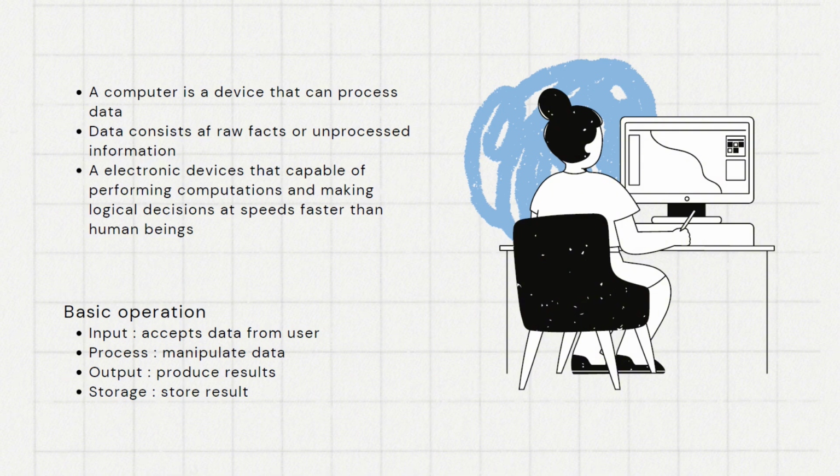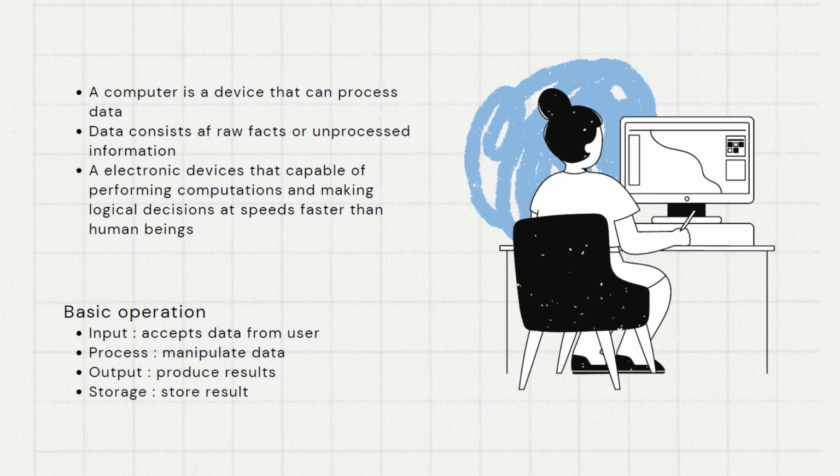A computer is also an electronic device capable of performing computation and making logical decisions faster than human beings. Everything that we search for on a computer is faster than what we can get by ourselves.